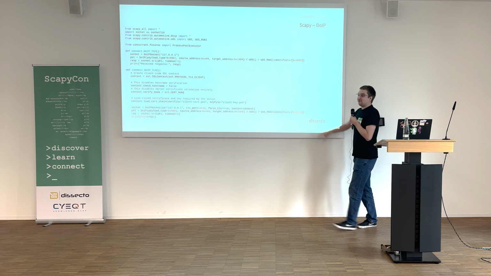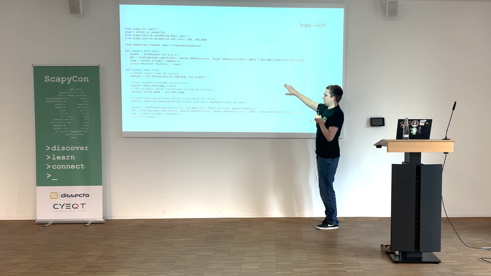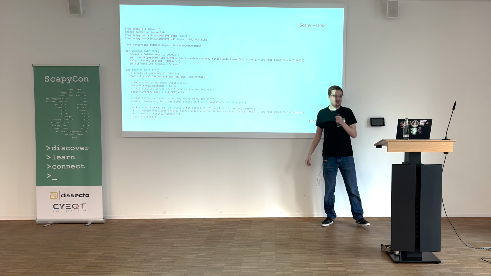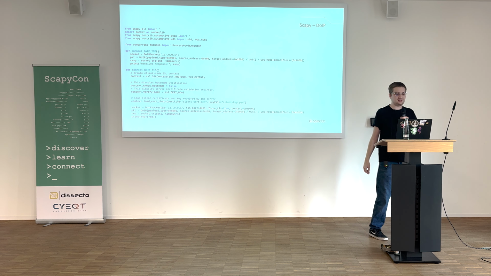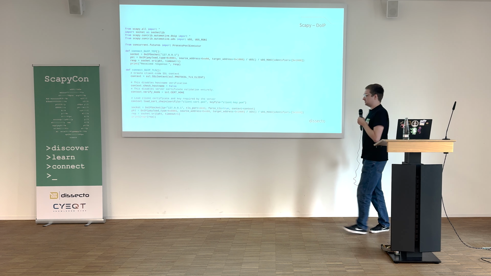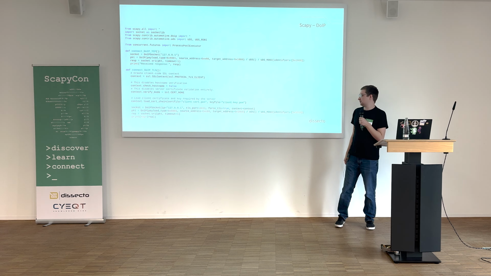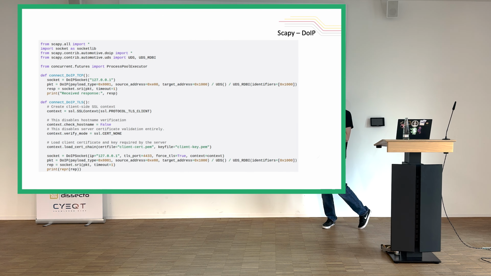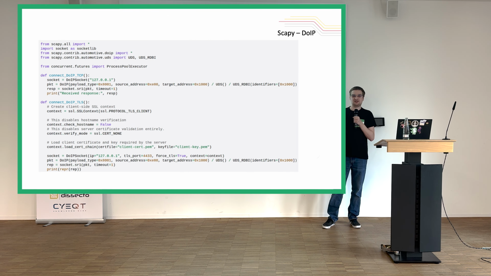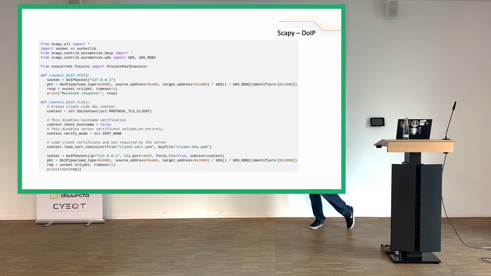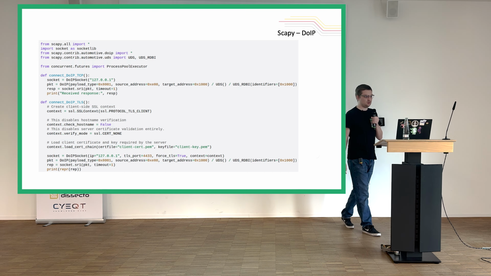So the main Python overhead here is just getting the SSL context right, so we can connect to the ECU. It's just the same socket we can use here. And basically after that we can speak encrypted with the ECU without even us needing to do anything. We can just send UDS here and receive a response.